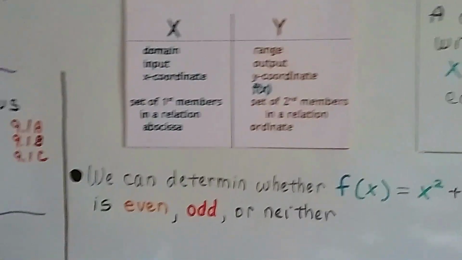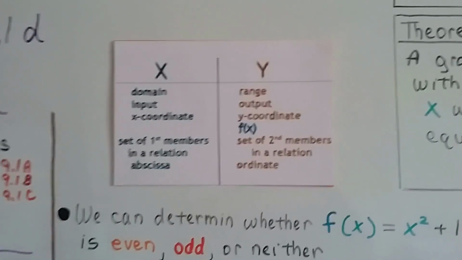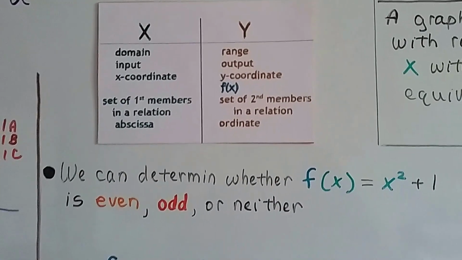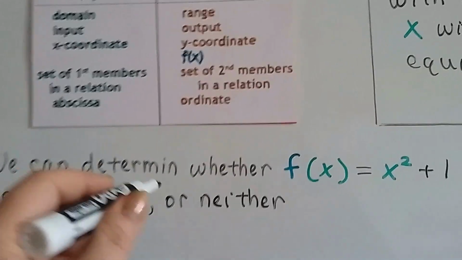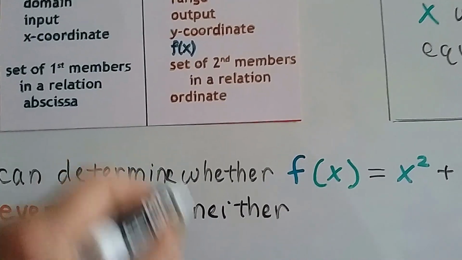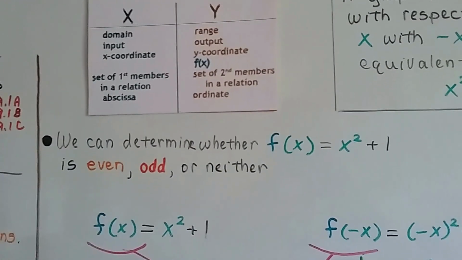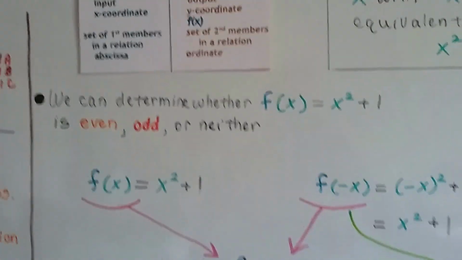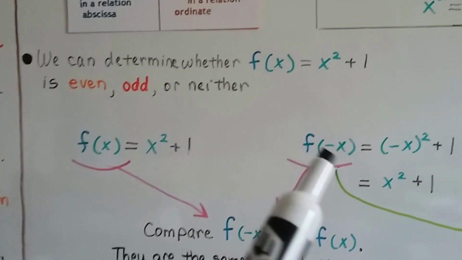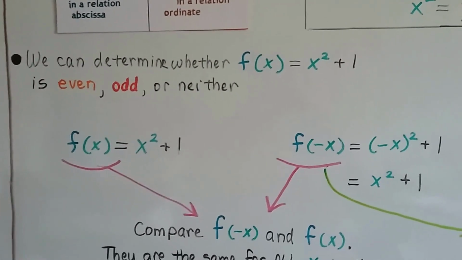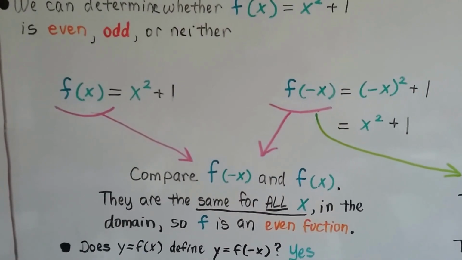So remember, we can say the function of x for y. Okay, so that'll help with some of the confusion. We can determine whether the function of x equals x squared plus 1 is even, odd, or neither. So here we have the function of x, and here we have the function of the inverse of x, okay? And it says it equals x squared plus 1.